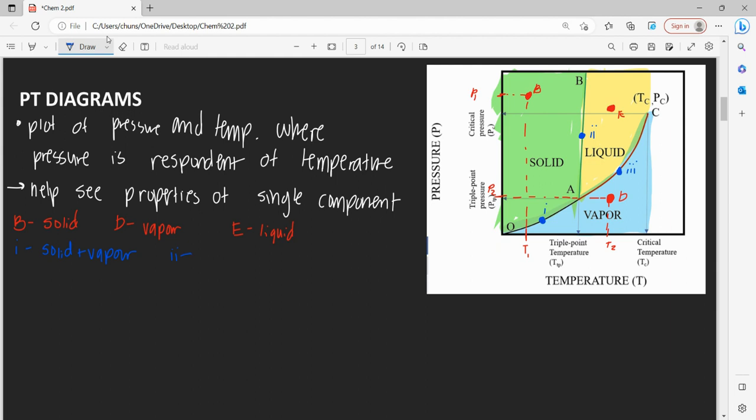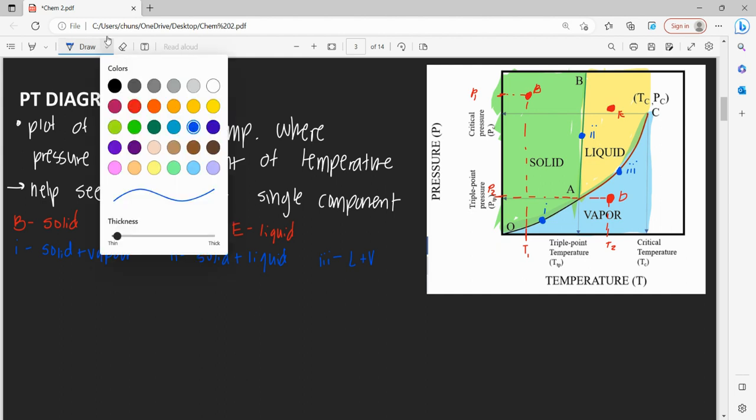For 2, we see that it is in between solid and liquid, so that means we have solid and liquid present. And finally, for our 3rd region, we have liquid and vapor present.